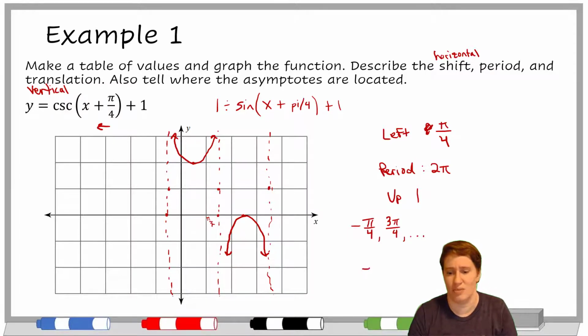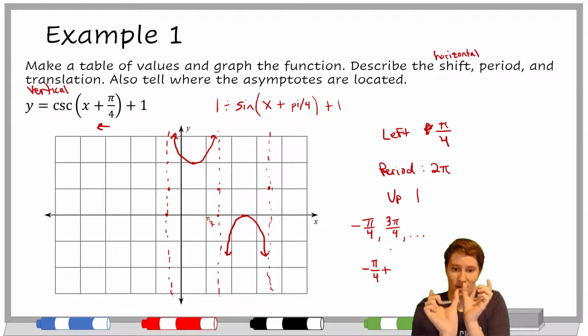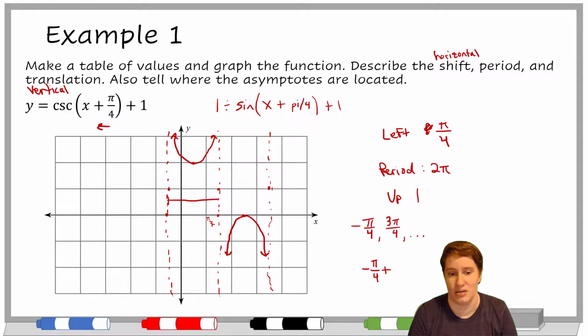So to do that, I would pick one asymptote, like maybe negative pi over 4, and I'd say, okay, these asymptotes, since our period is 2 pi, and we have an asymptote halfway, that means there's an asymptote every pi. The distance from here to here is pi. So there's a way we can write that.